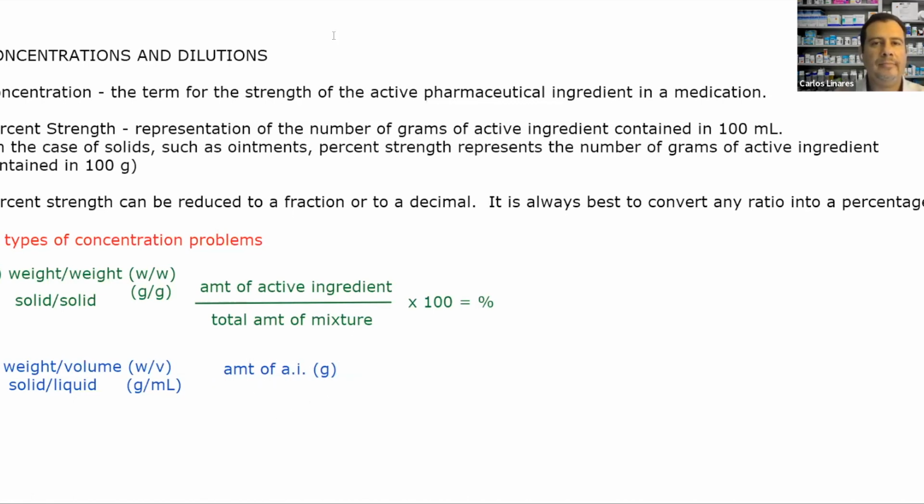And then that's divided again over the total. And that total is going to be in mLs. I'm going to put this up here for this one because this is grams.